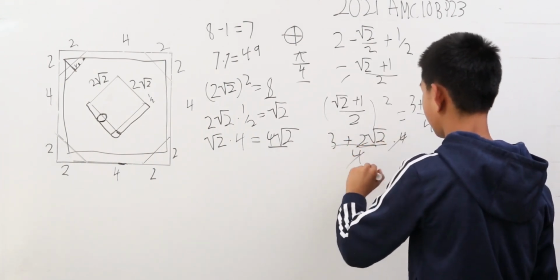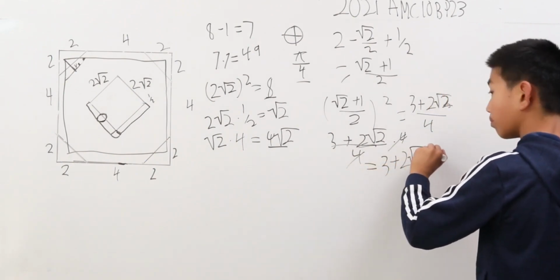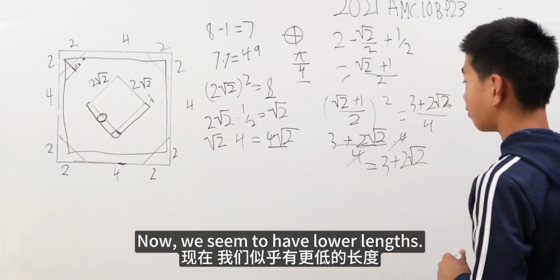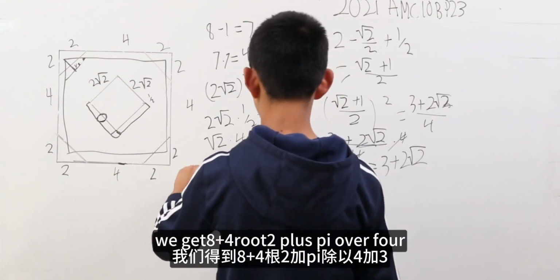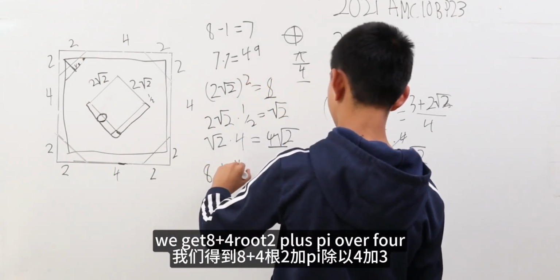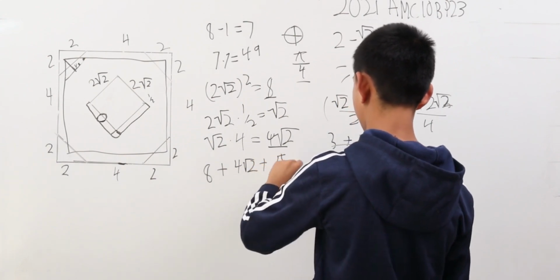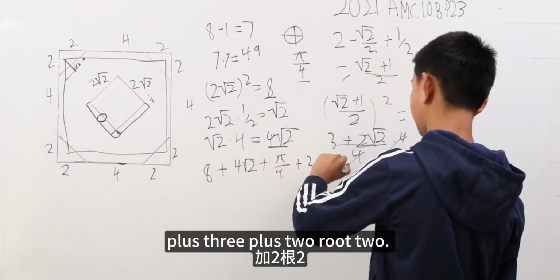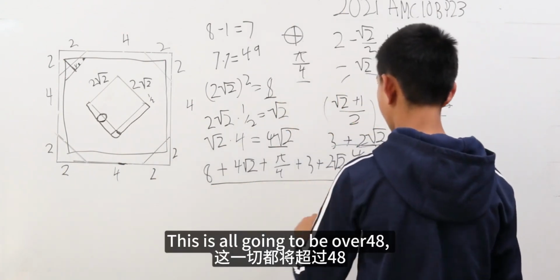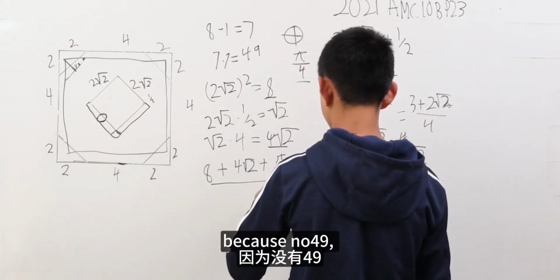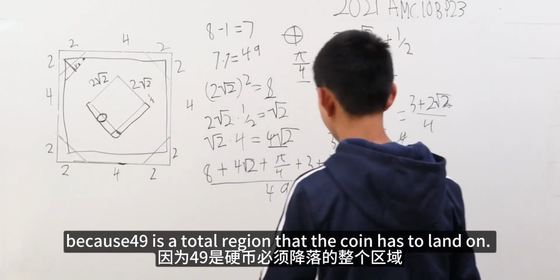There are 4 triangles. So this is 3 plus 2√2. Now, we seem to have all our areas. When we add them all up, we get 8 plus 4√2 plus π over 4 plus 3 plus 2√2. And this is all going to be over 49, because 49 is the total region that the coin has to land on.